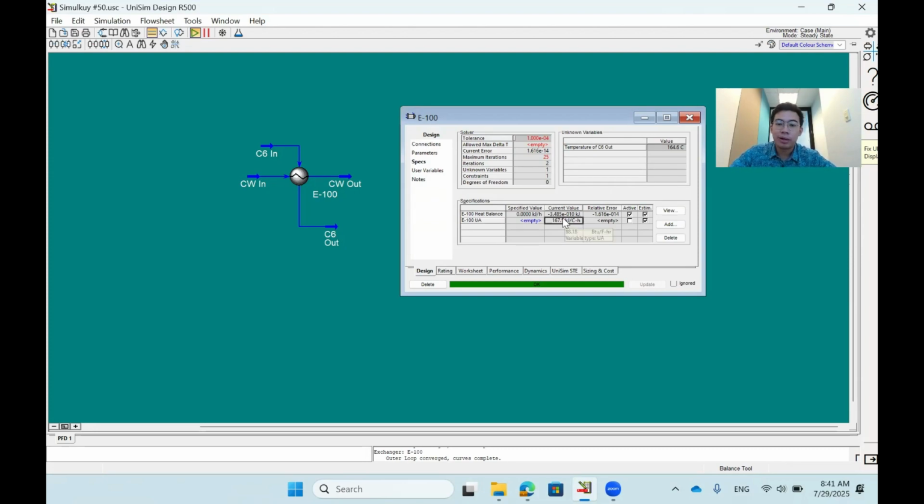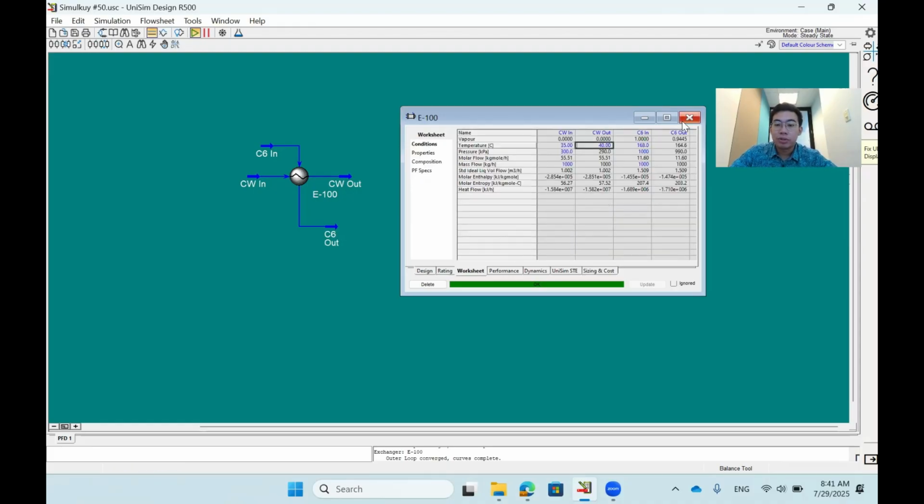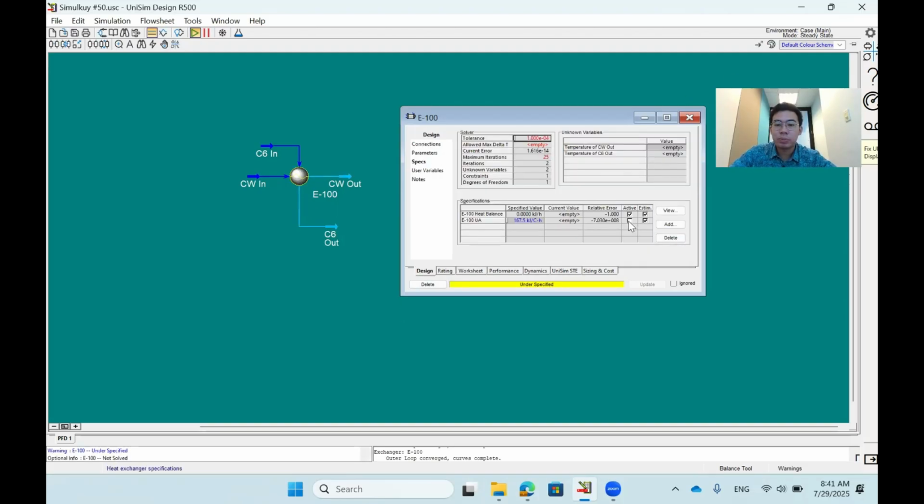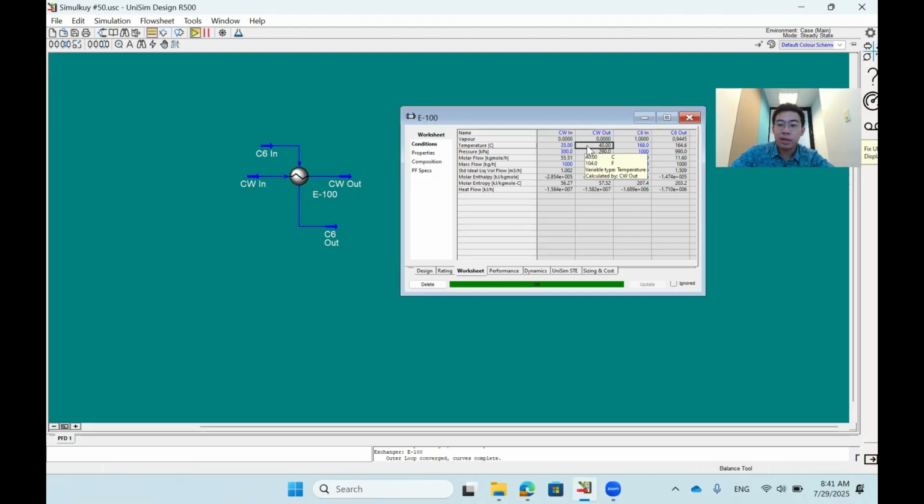Yes, we can. We can copy this and paste it to the left side, and then we try to delete the C6 out temperature. Then we put this as an active specification, and voila, you can still solve this problem without specifying any temperature of the outlet.